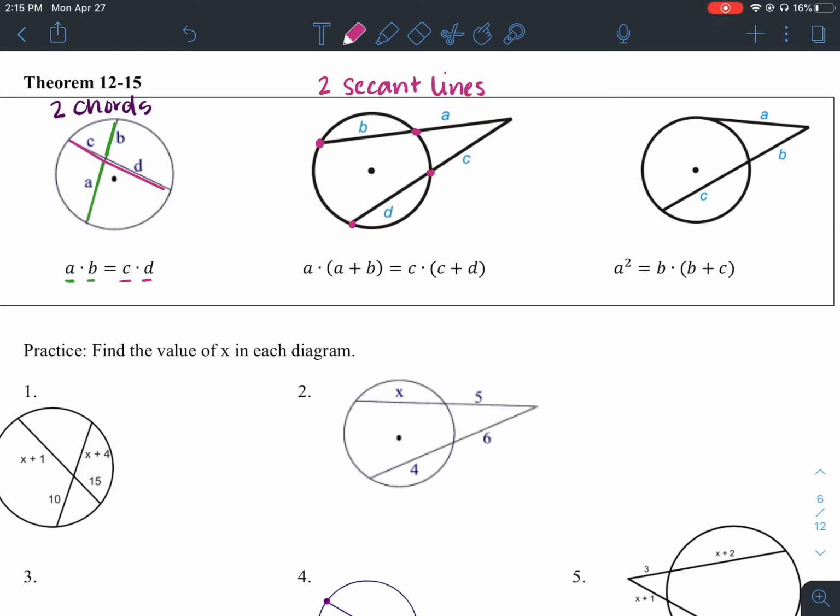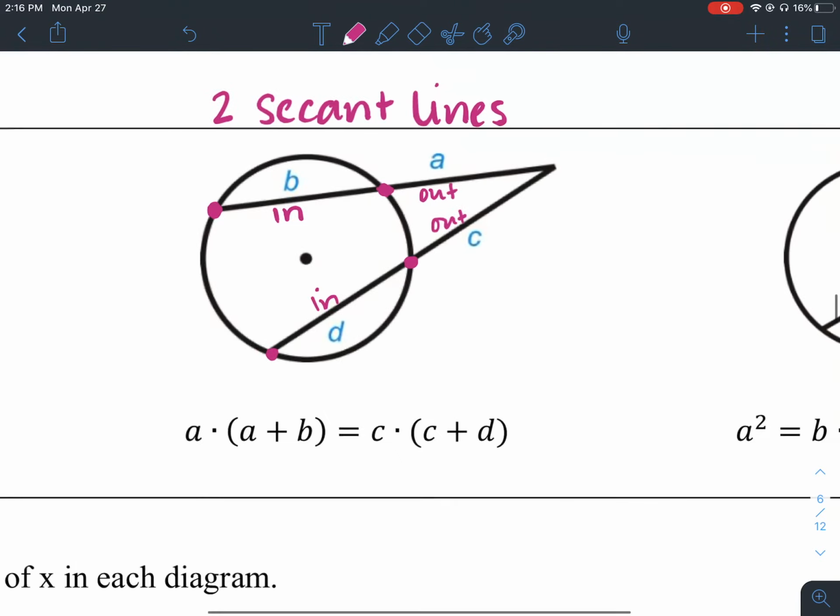And so now, instead of intersecting on the inside, each secant line has 2 pieces. It has an inside piece and an outside piece. And if I added the in and out together, I create a whole segment.